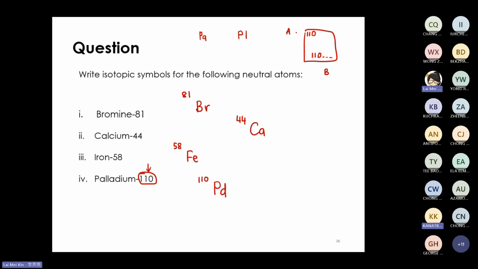How many of you say position A? How many say position B? You understand why position B: it is the nucleon number, the mass number. You can go until around 110. You will see, actually it's not even 110. It's 106.42, roughly.